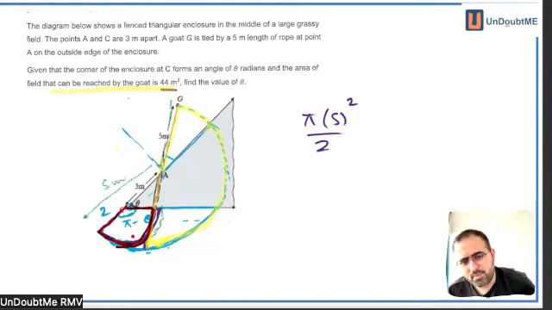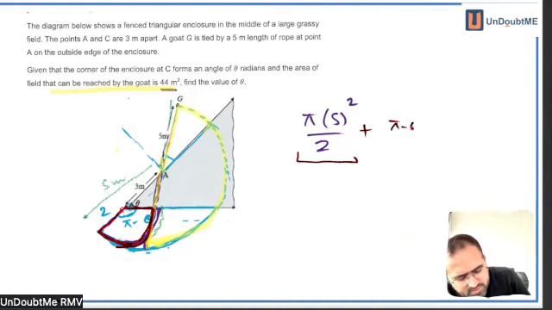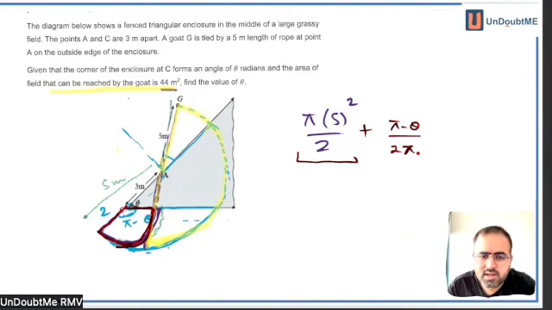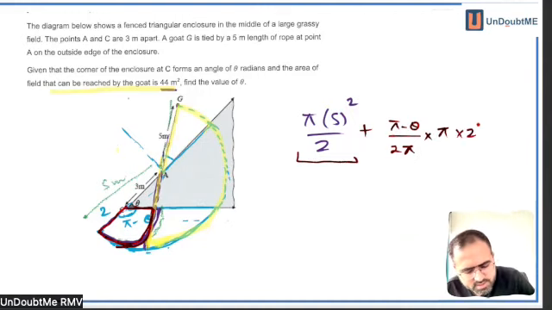Now, if we take this approximation, I can say that the total area which goat can reach will be pi r square by 2, that is area of a semicircle, plus area of that sector. Why am I interested in that small sector? Because over there I will introduce theta. Area of sector is pi minus theta over 2 pi times pi r square, that is pi 2 square.